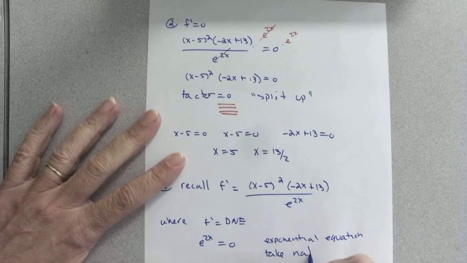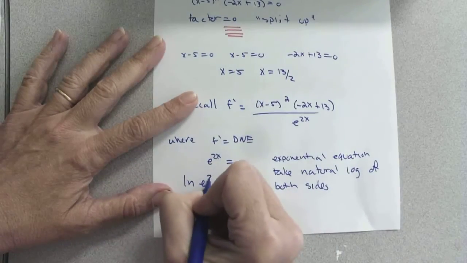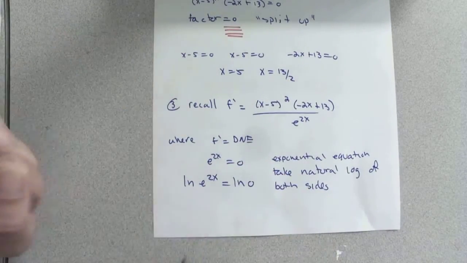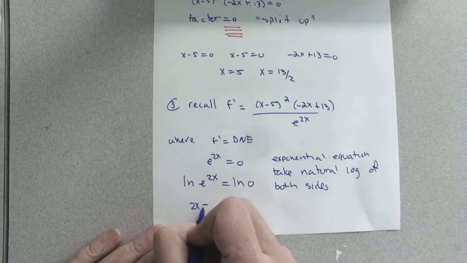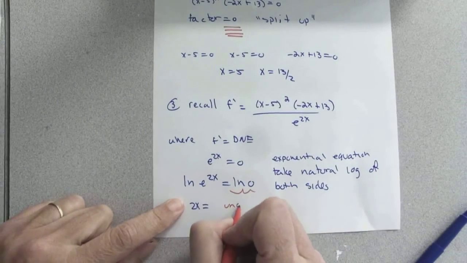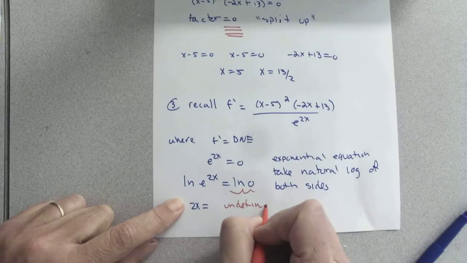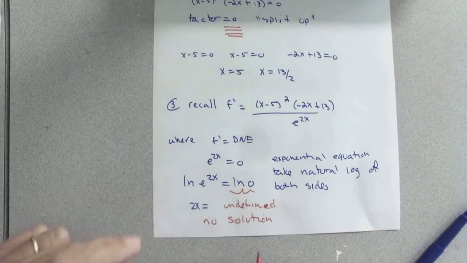I take the natural log of both sides. And so that'd give me natural log of e to the 2x equals natural log of 0. Then we did review this. Natural logs and e's were inverses, so that gives me 2x equals 0. And then we did review this. This is undefined. And so there is no solution here.